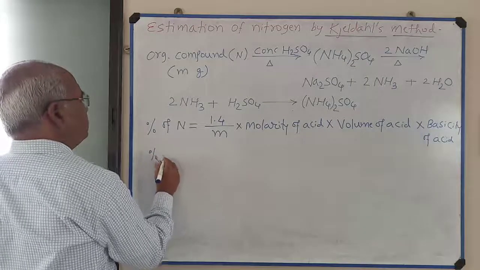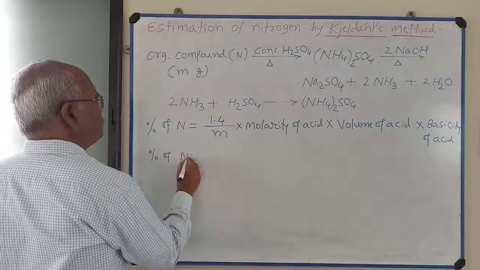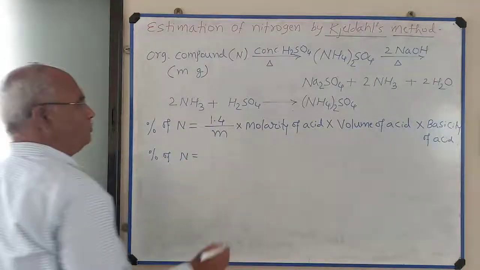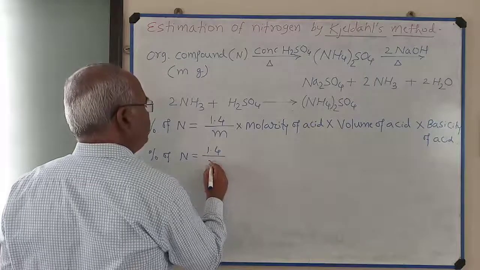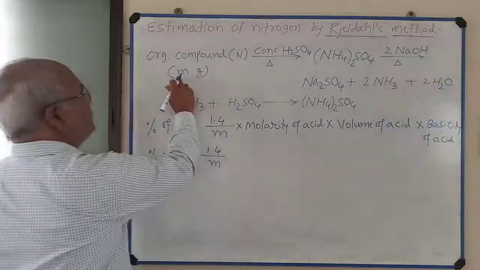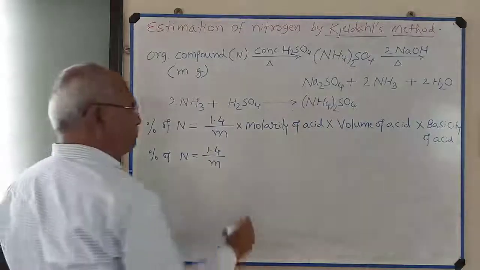Percentage of nitrogen is equal to 1.4 upon m. M means mass of organic compound.